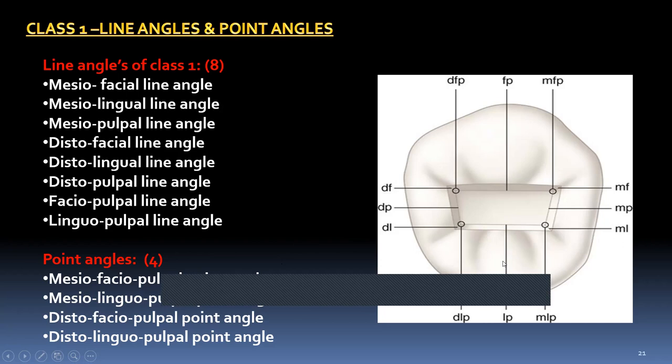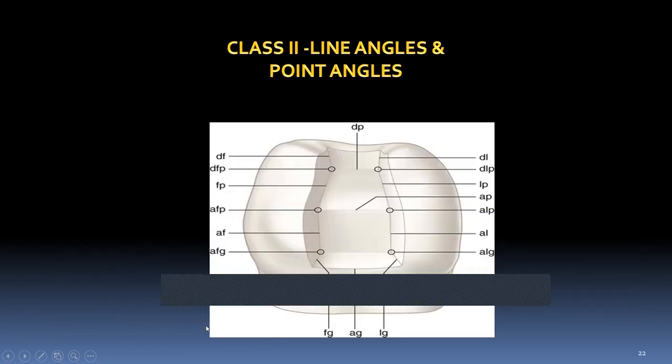And the point angle, we have already seen that a point angle means three planar orientations are meeting at a point. So they include the mesiofaciopulpal point angle, then mesiolinguopulpal point angle, distofaciopulpal point angle, and the distolinguopulpal point angle.